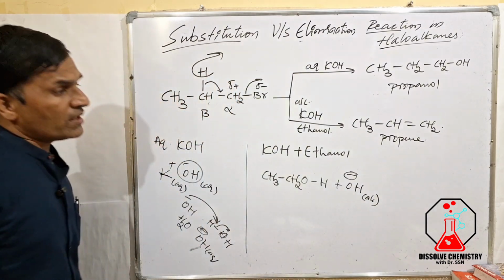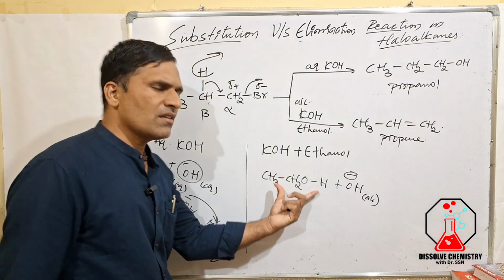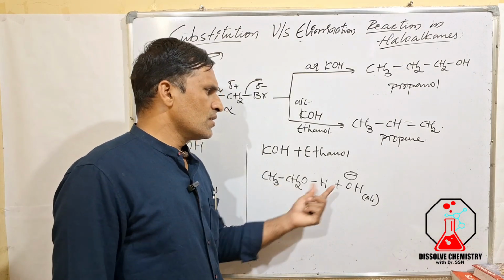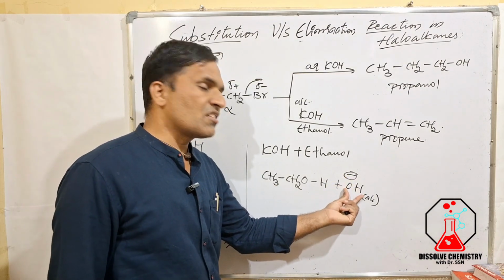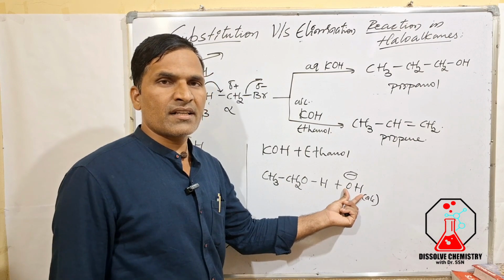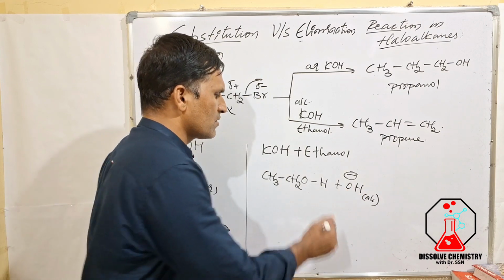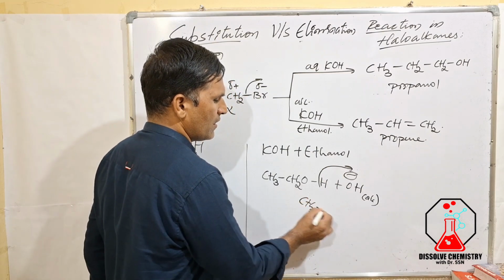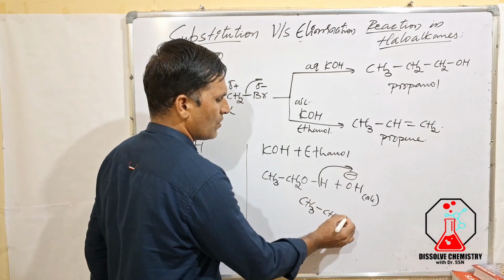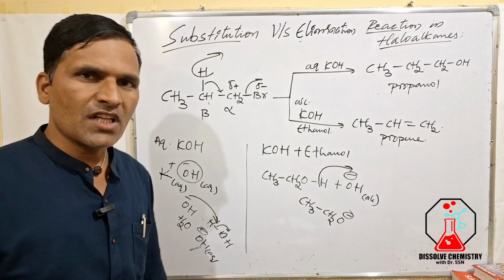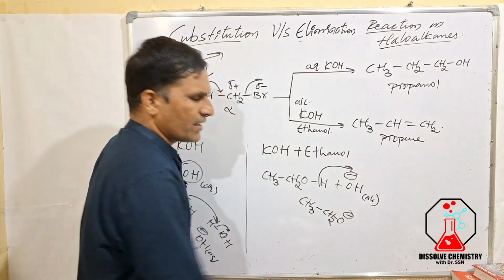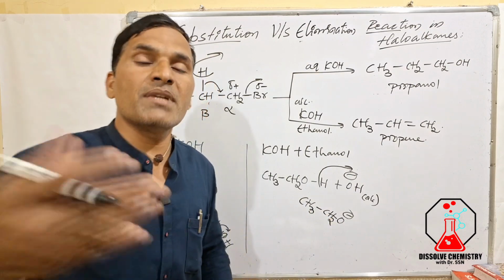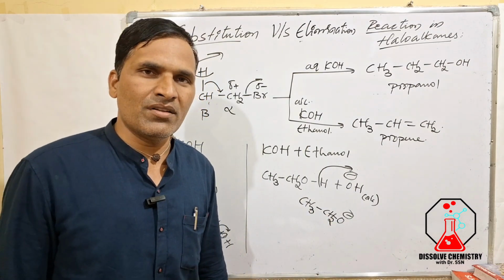Ethanol is a weak acid, and OH minus is a strong base with greater capacity to abstract the proton. So readily it will take up this proton and the resulting species will be the ethoxide ion. And this ethoxide ion is a stronger base compared to your hydroxyl ion.